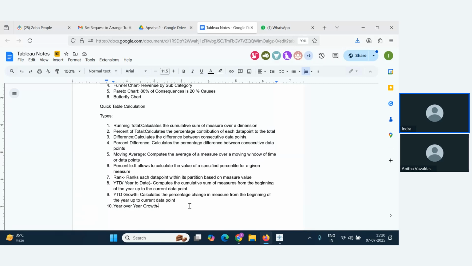Let me write down here: it is going to calculate the percentage change in the measure compared to the same period in the previous year.